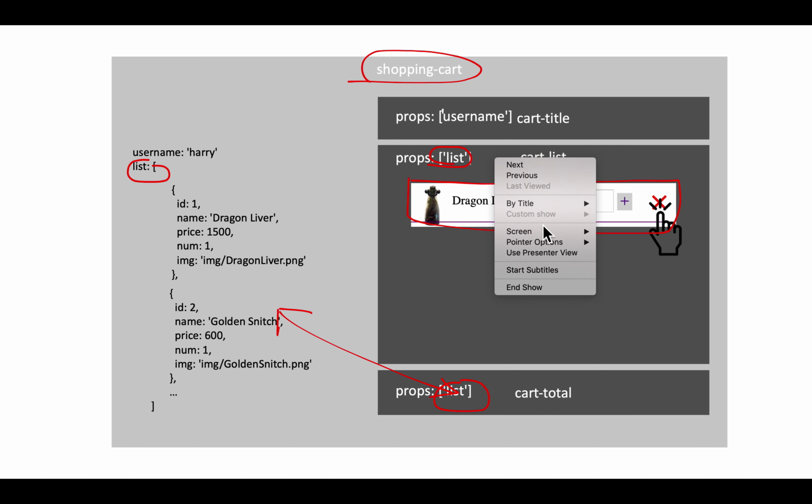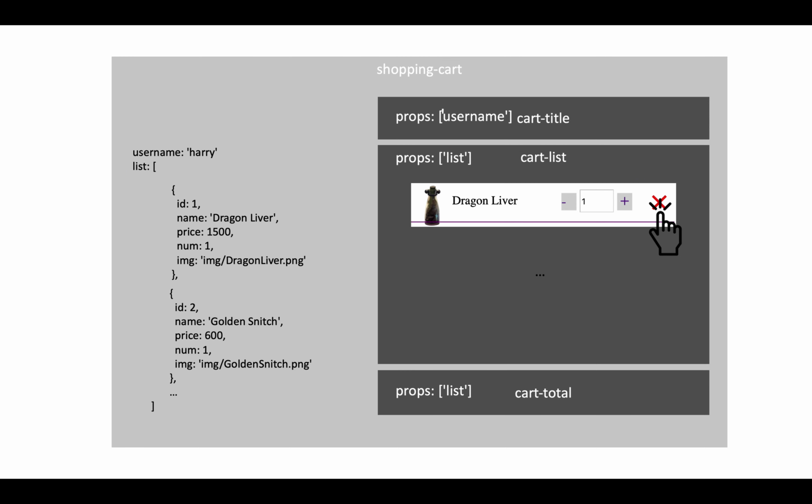Okay, so let me clean this. Here is what we're going to do. When a user clicks this cross in the child component, cart list item, this component will emit this delete event to its parent, which is cart list.